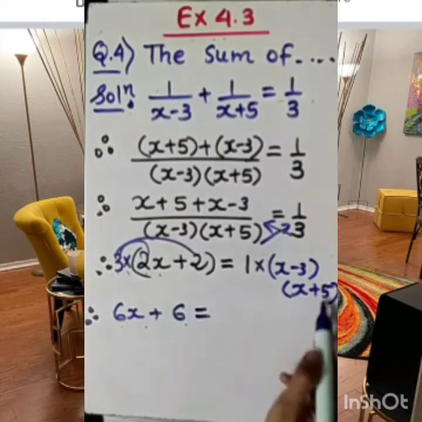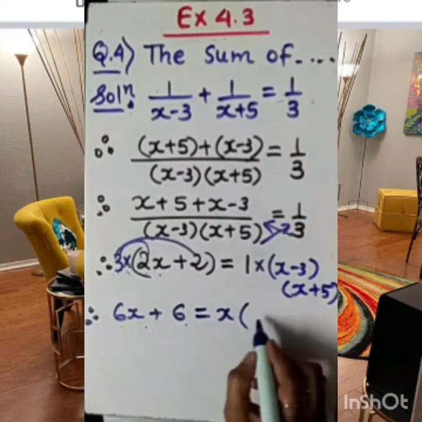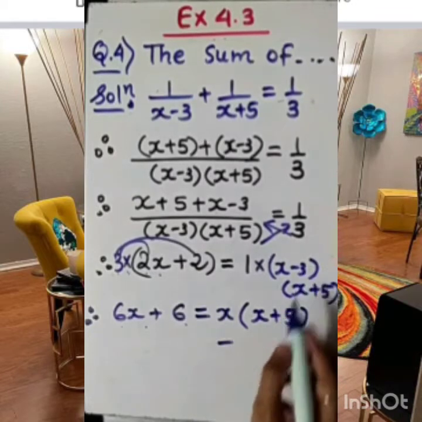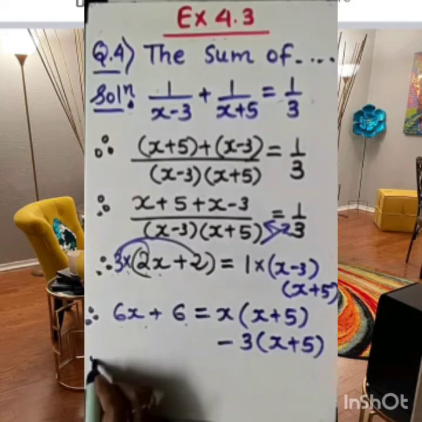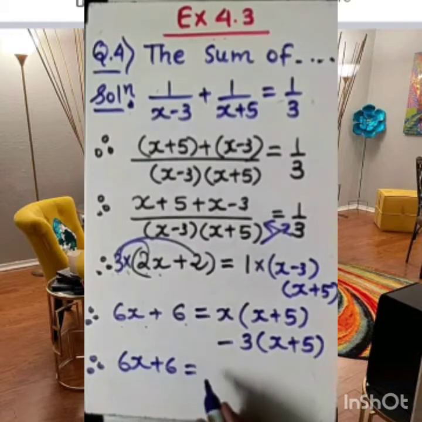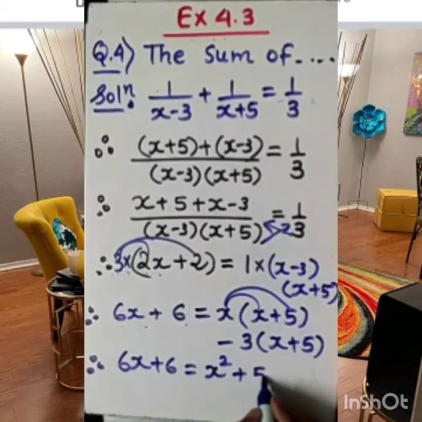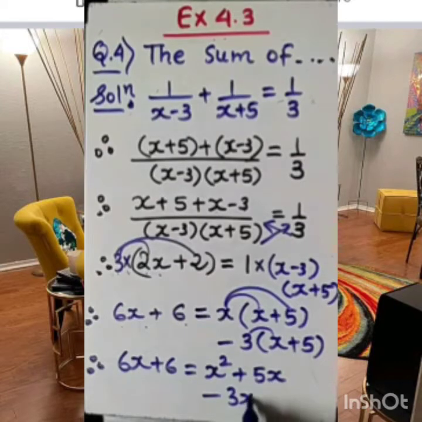Now let's multiply both of this bracket. So first x outside the bracket. Let me multiply x with x plus 5, then with minus 3. This is x plus 5. Therefore, next step will be 6x plus 6 equal to x into x is x square plus 5 into x is 5x, 3 into x is minus 3x and minus 3 fives are 15.